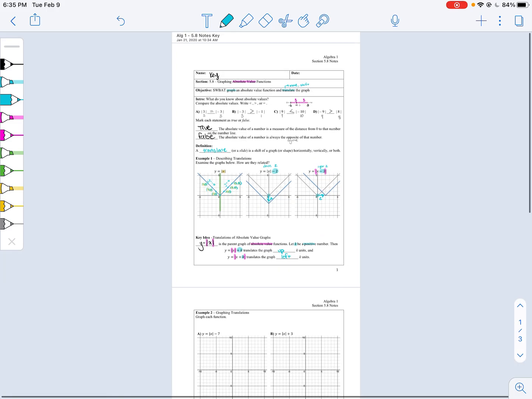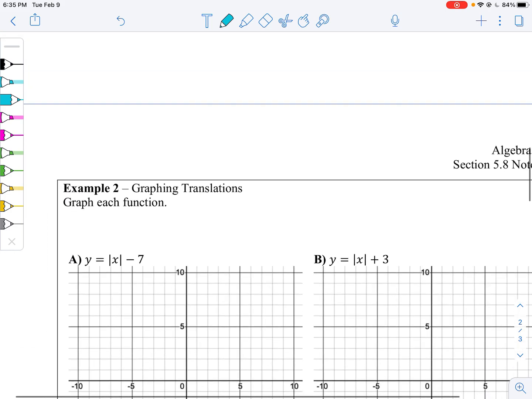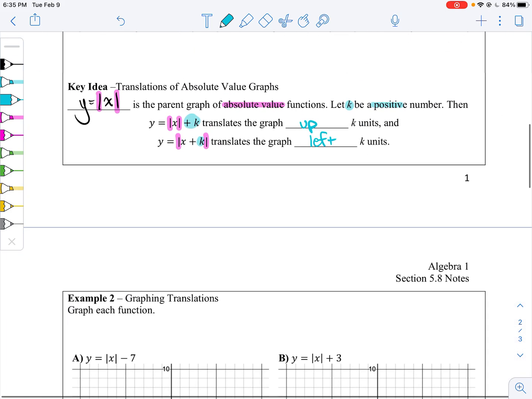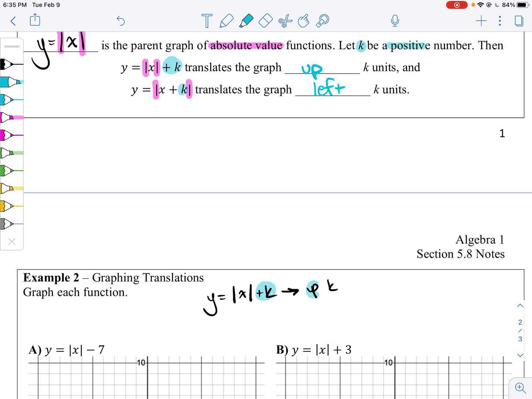And you know what, guys? Here's my helpful math hint and my good life hint for you. Take your key idea, put it in shorthand, and put it at the top of what you're going to do next. So I'm going to say, y equals the absolute value of x plus k means you go up k. So when it's on the outside, that means up.